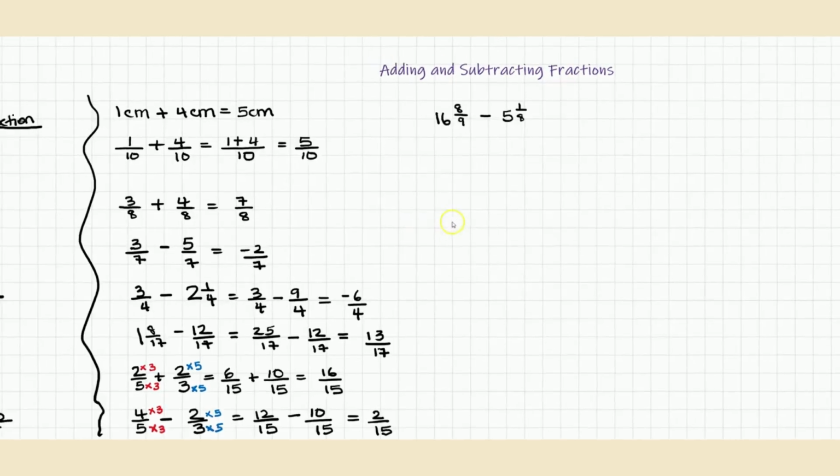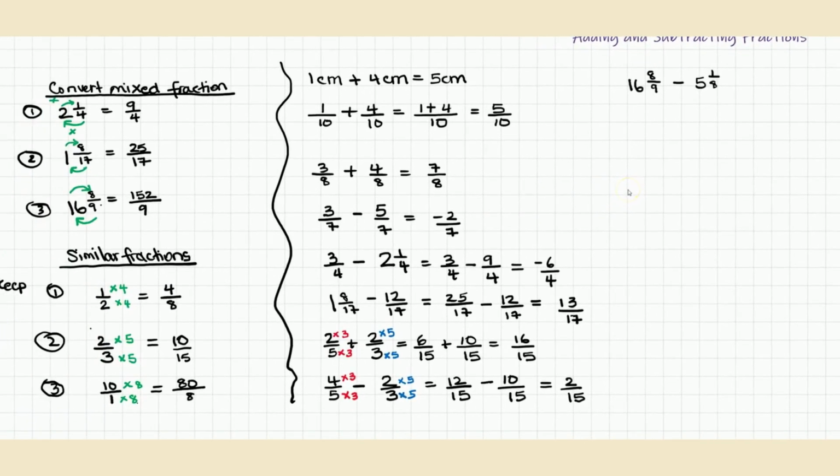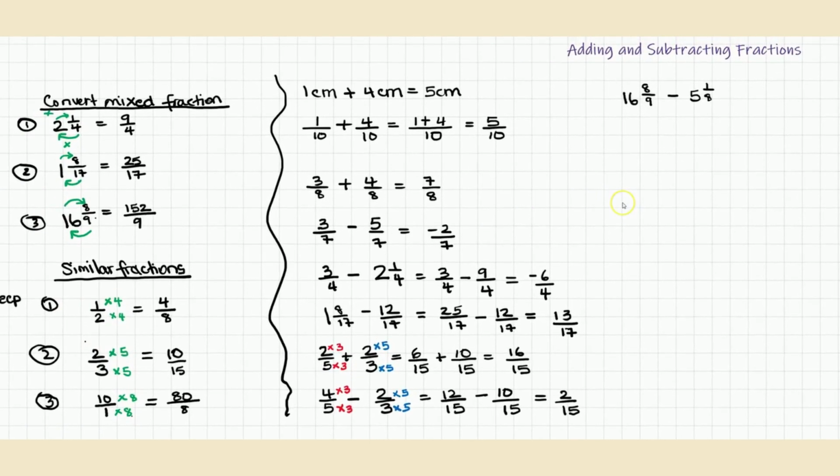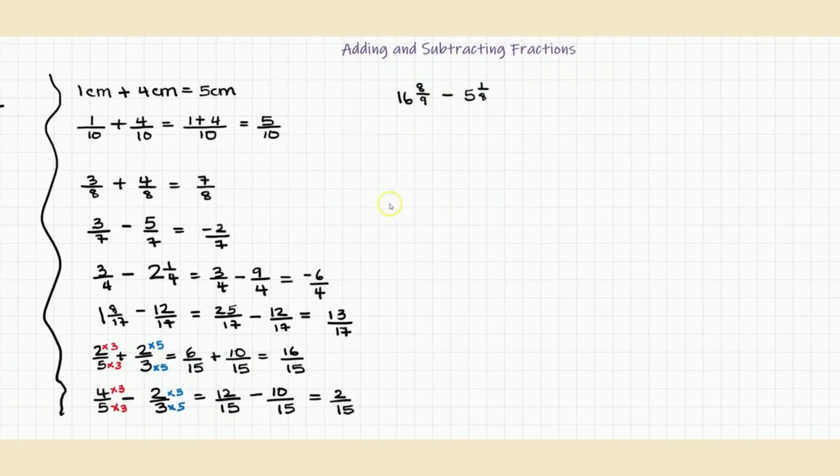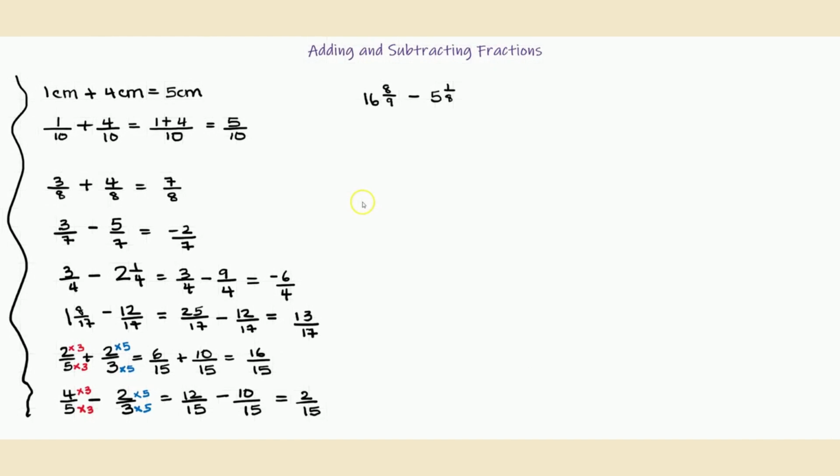So before we changed 16 and 8 over 9 to 152 over 9. So we'll just use that. Minus, since we didn't change this one, let's do it together. 8 times 5 would be 40, plus 1 is 41 over 8.